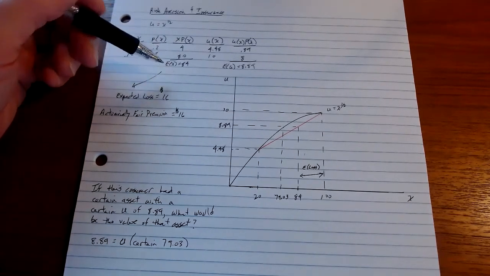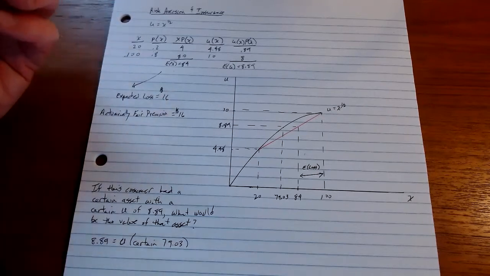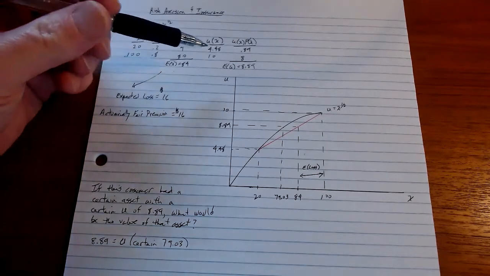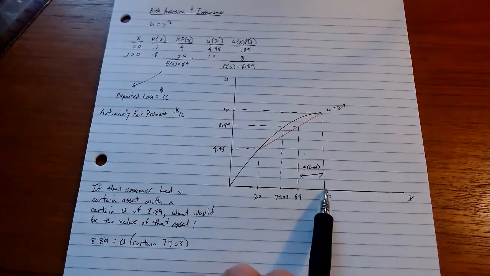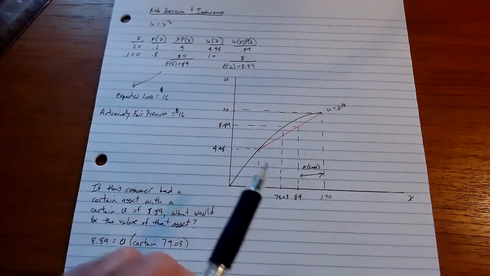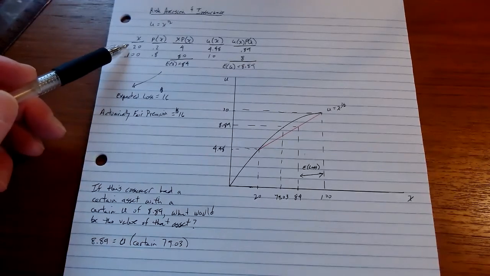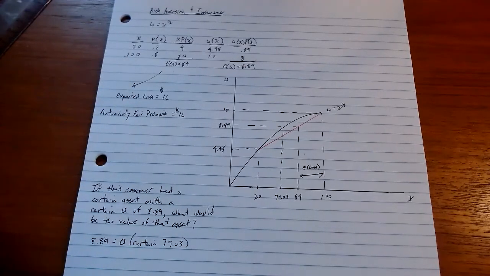And if this consumer wants me to reimburse them for any potential loss, then on average I'm going to be paying off $16 to the consumer, because 20% of the time I'm going to have to give them $80.